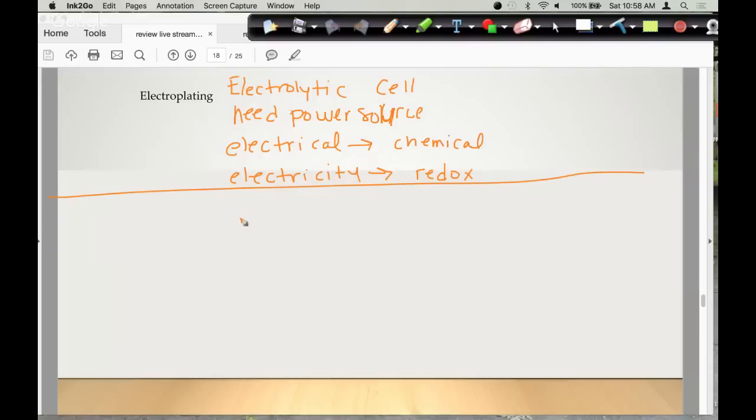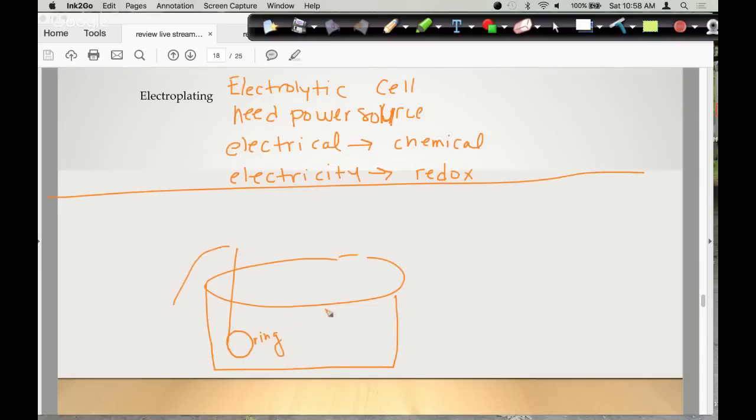When we do this, we will usually see one container where there's an object like a spoon, a fork, a necklace, I'm going to say a ring here, connected by a wire to a power source, and then also a piece of metal connected by a wire to a power source.